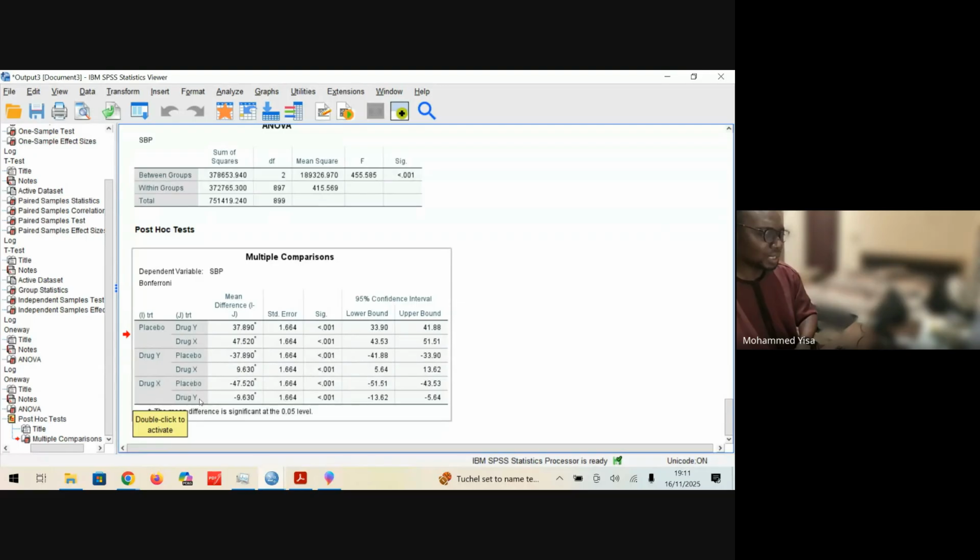So that means the systolic blood pressure in those who received drug Y was actually higher than those who received drug X. Or on the flip side, you will say that drug X actually led to a greater fall in systolic blood pressure compared to drug Y.